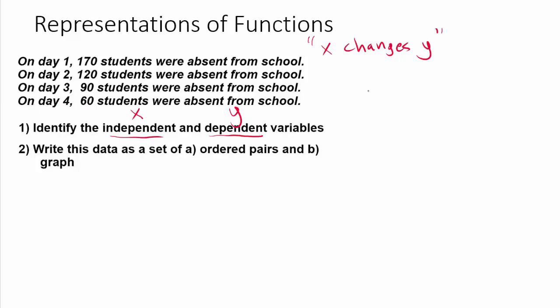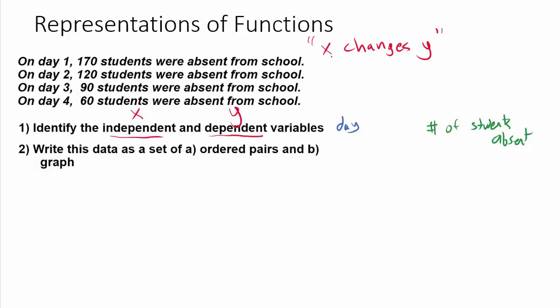Obviously the two things that are changing, one would be the day, and the other one is going to be the number of students absent. So we have the day and the number of students absent.